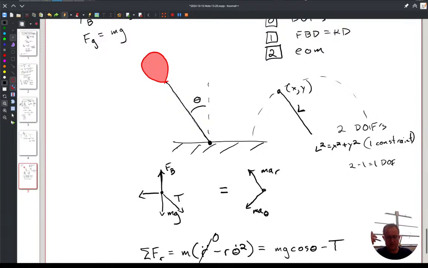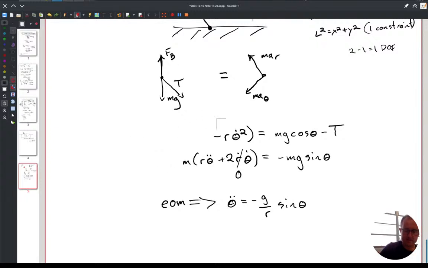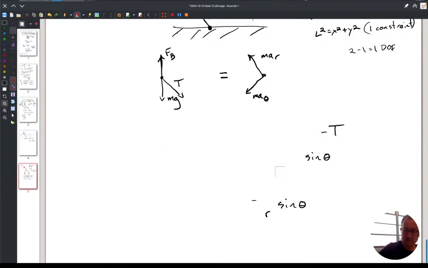I'm just getting rid of these. Let's go through this and erase all this, start from scratch. So I'm looking for one equation of motion. I know these are the forces involved. So if I look at what the forces are in the R direction, I've got this, that's my angle theta.